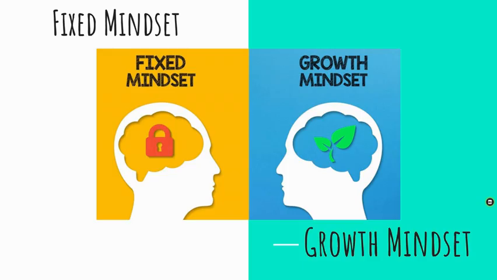Somebody with a growth mindset has a focus on learning and growing. They don't view their abilities as fixed. They view their abilities as growing, changing, adjusting. Somebody who has a fixed mindset is a person who views intelligence, abilities, and talents as unchangeable, even with effort. That it doesn't matter how hard I try, I'm only going to get so far because I'm only so intelligent.